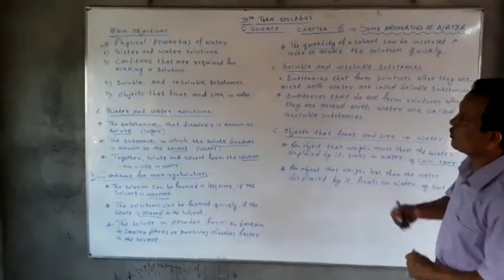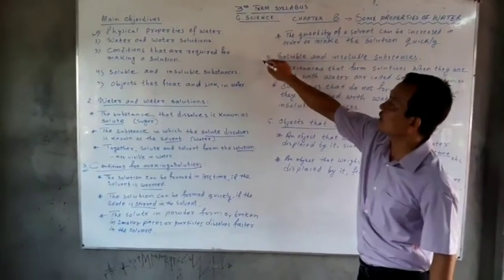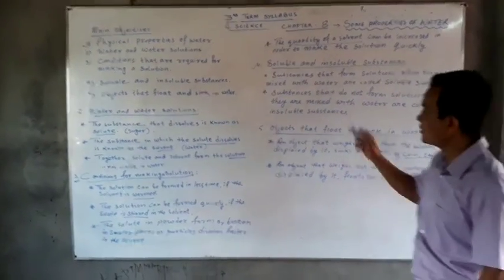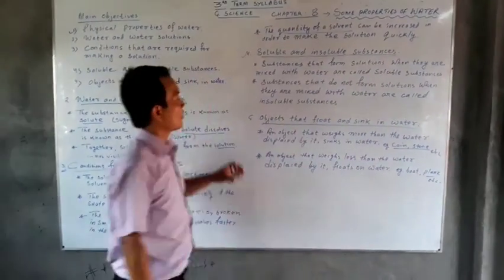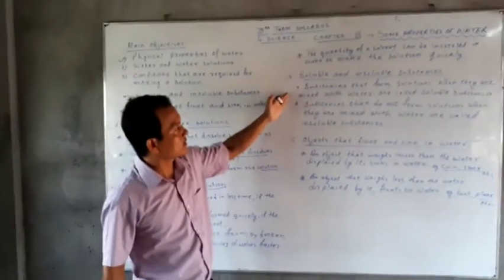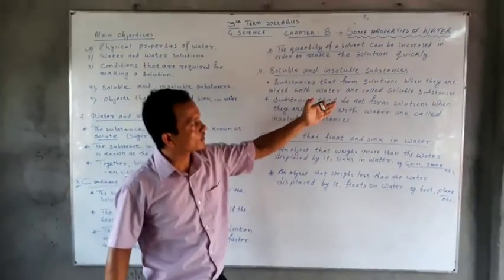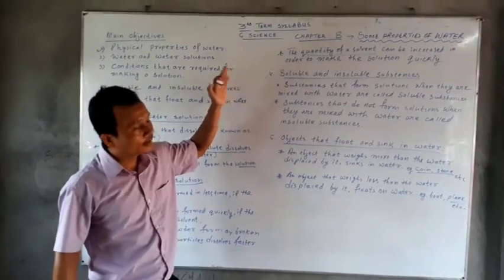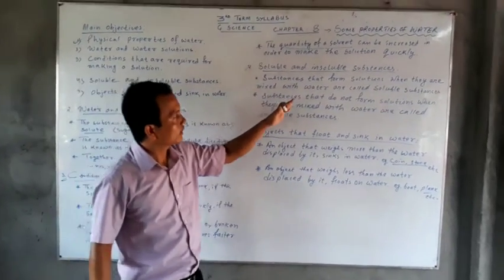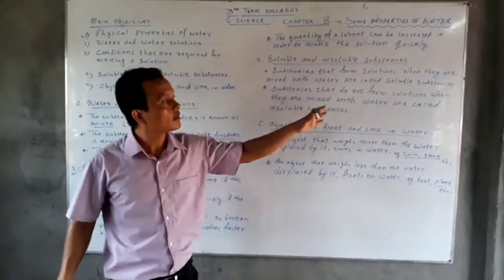Now let us come to the fourth point. Almost we are ending. Soluble and insoluble substances. Very simple. I have written here what is soluble and what is insoluble. Any substance that forms a solution when it is mixed with water is called a soluble substance.